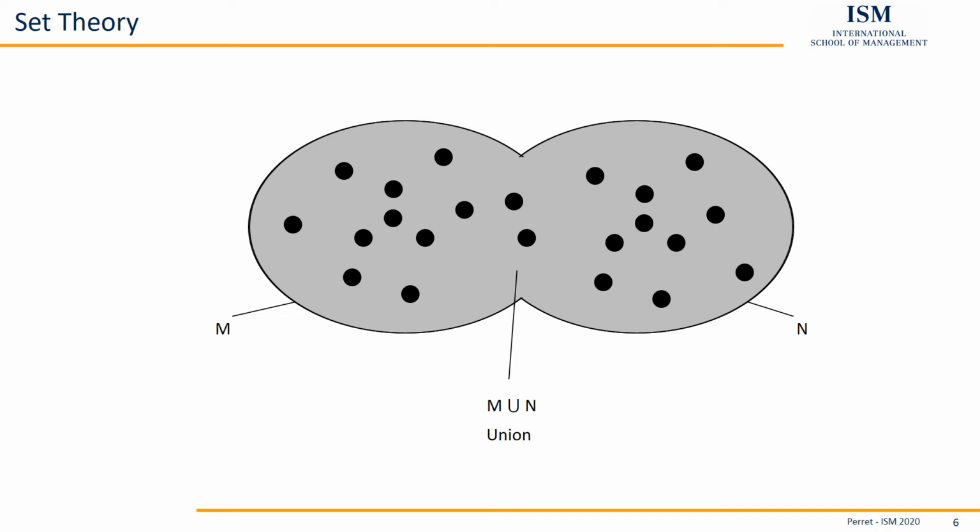So we have to actually omit one version of each of those objects when we calculate the union. So we take all the stuff which is only in M, we take all the stuff which is only in N, and we take once the things which are in M and in N. Well, this problem only arises if the intersection is not empty.